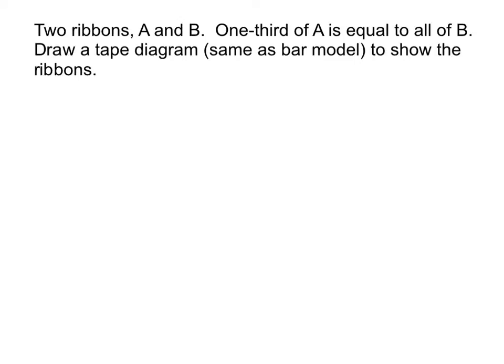So my first problem here says two ribbons, A and B. In other words, we have them. 1/3 of A is equal to all of B. Draw that tape diagram.